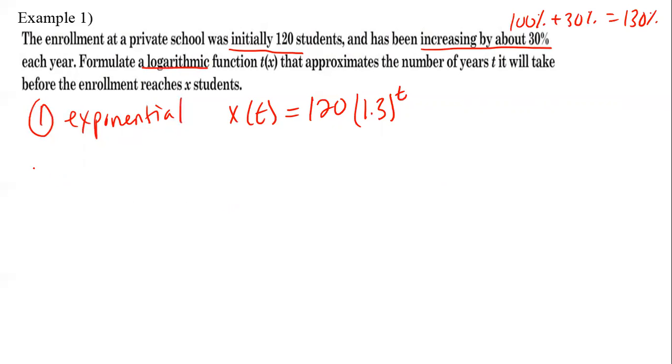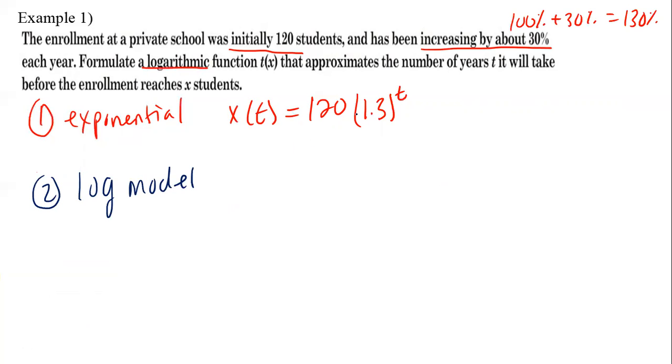All right, so now we want to find the log model. To find our log model, we're just going to take the log. So our goal is to solve for t. If we want to solve for t, we would have to take the log of both sides, right?